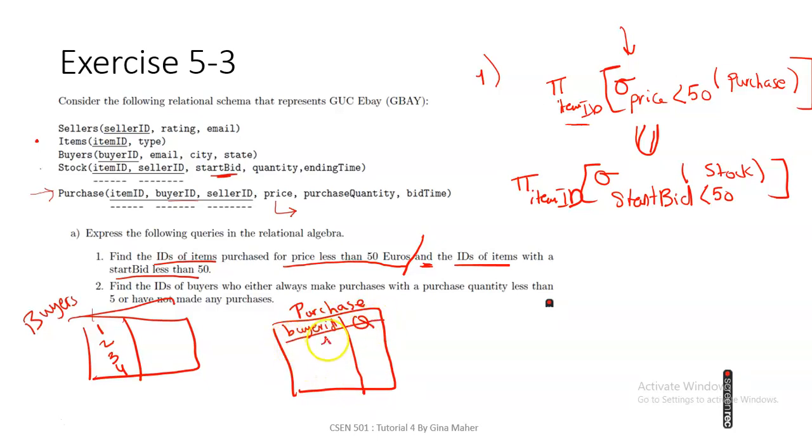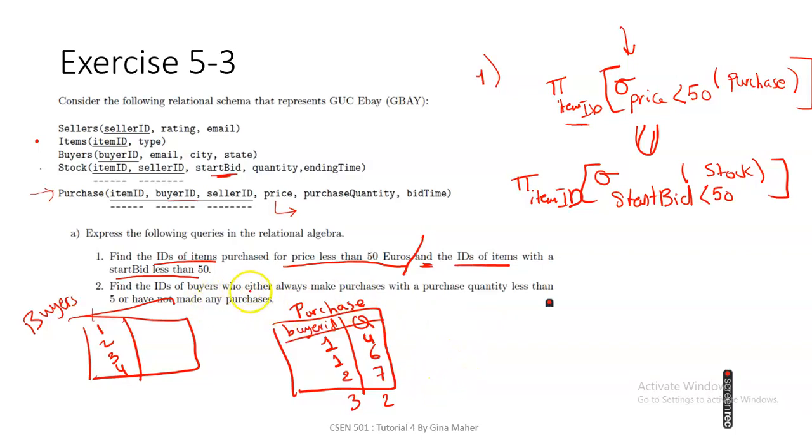So buyer ID 1, 4, 1, 6, 2, 7, 3, 2. Okay? Apart from the question, let's see which of these rows should be the output in this case.